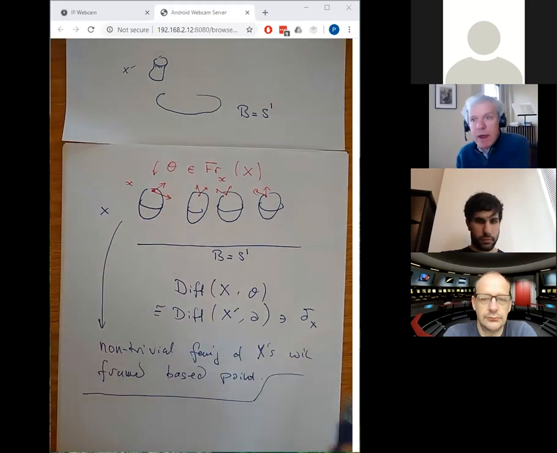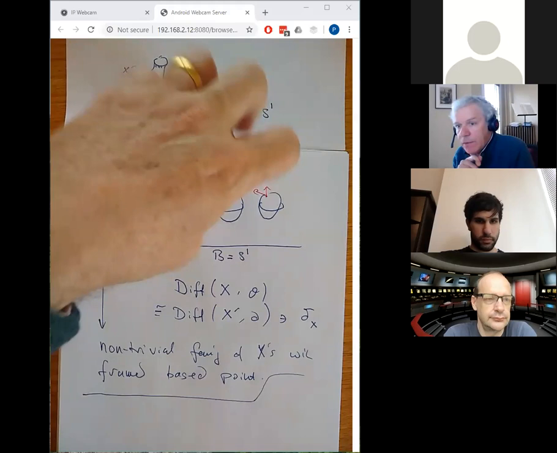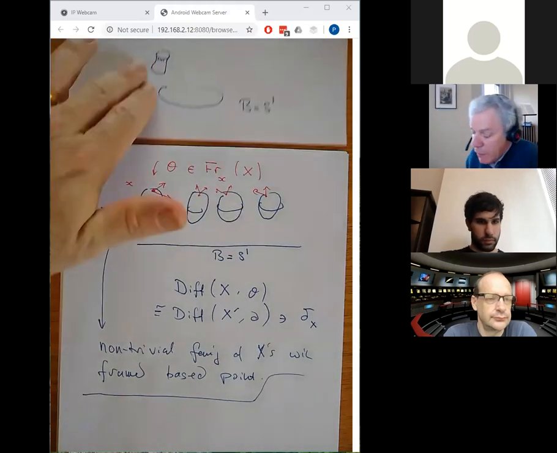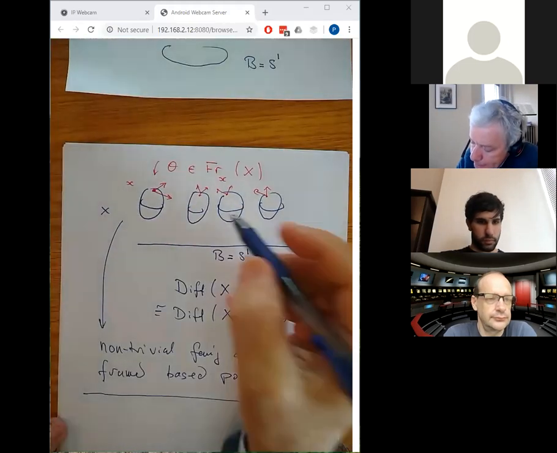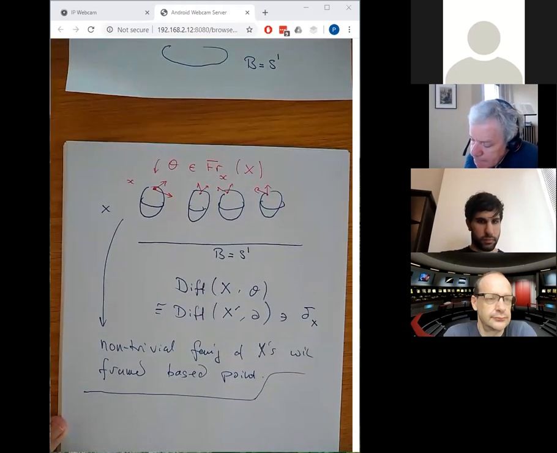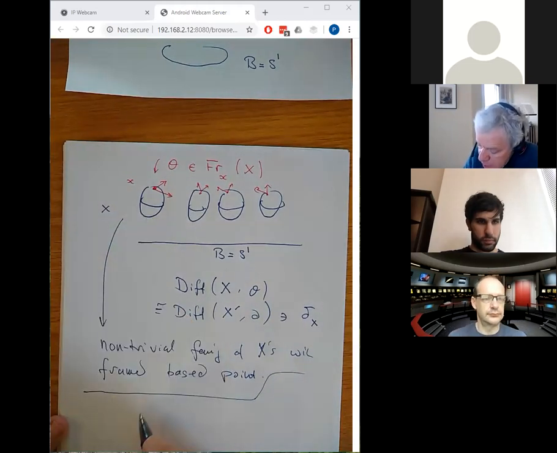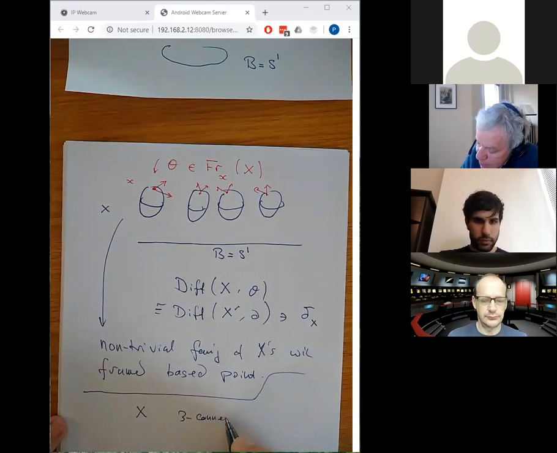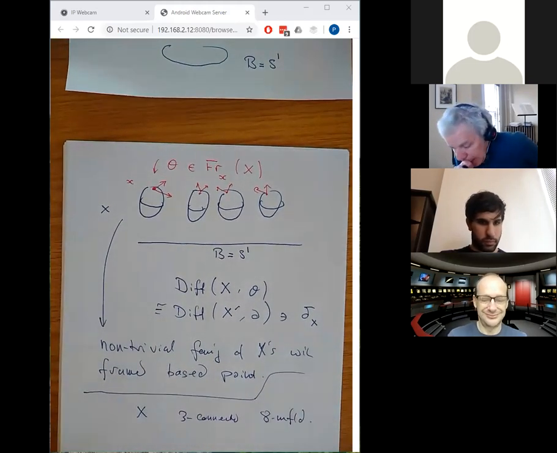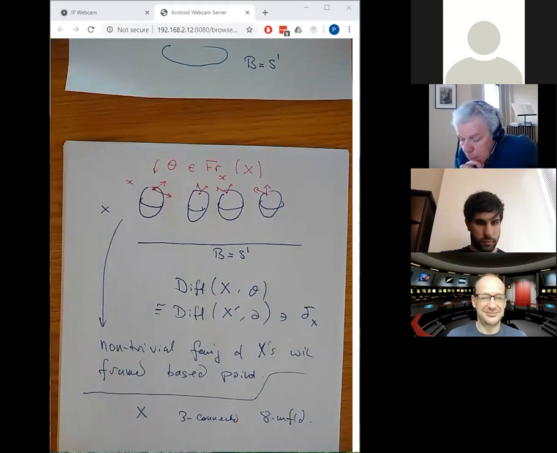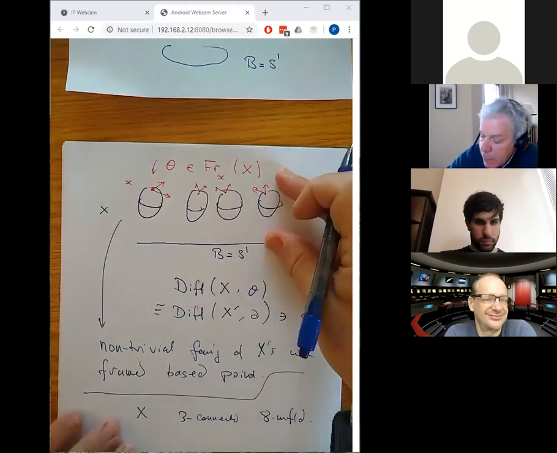I mentioned the work of Crowley, a sort of high dimensional case. If you dig into his paper, there's a very nice example. What happens if X is a higher dimensional manifold, e.g. a 3-connected 8-manifold, just for concreteness? Well, you can look at the total space of this fiber bundle.